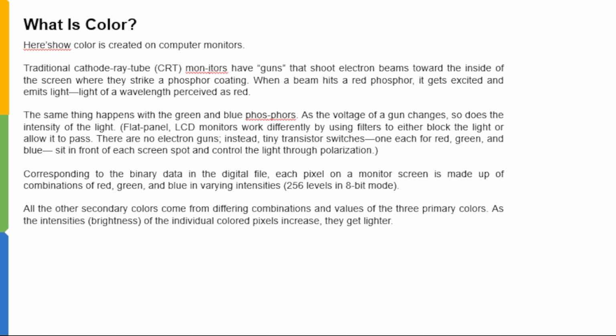Corresponding to the binary data in the digital file, each pixel on a monitor screen is made up of a combination of red, green and blue in varying intensity, 256 levels in 8-bit mode. All the other colors come from different combinations of values of the three primary colors. As the intensity, or brightness, of the individual colored pixels increases, they get lighter.